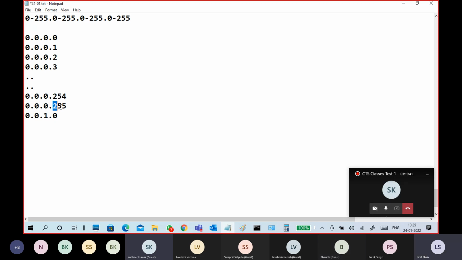So 255 becomes 0 and 1 is added here, and it keeps going. 0.1.254, 0.1.255.